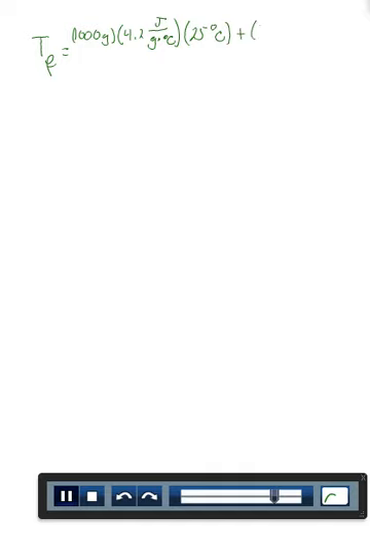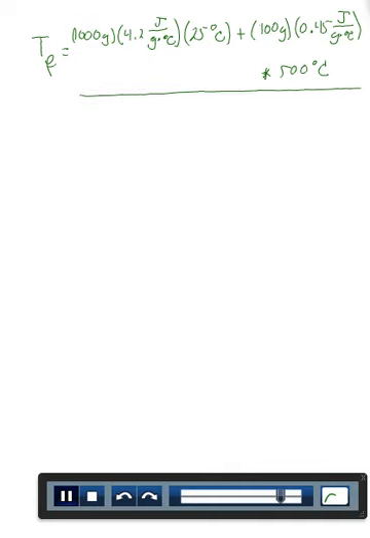Then the mass of iron, 100 grams. And the specific heat of iron, 0.45 joules per gram times degrees centigrade. I'm already out of room. Times the initial temperature of iron, which is 500 degrees centigrade.